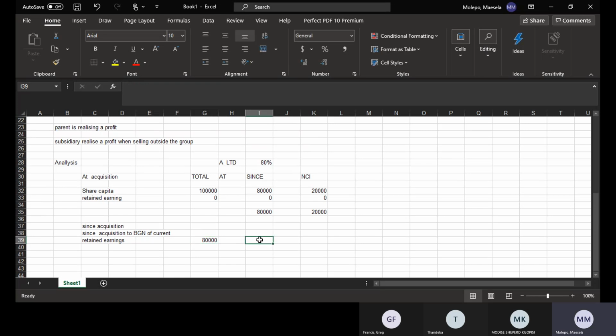Then we put 80% of it, which comes to 64, and the difference here is 16.